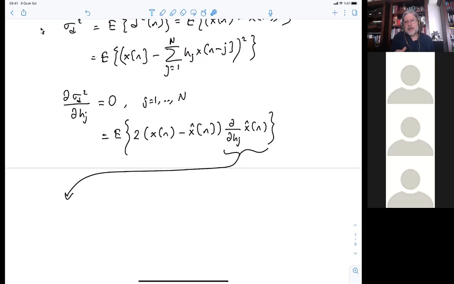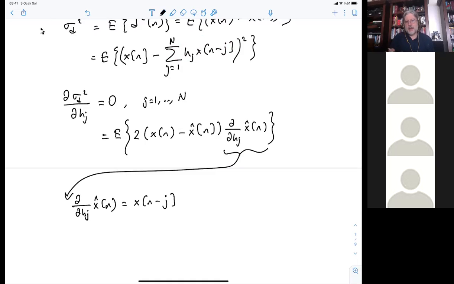For example, let's say it is h3 times xn minus 3. What is the derivative of h3 times xn minus 3 with respect to h3? It is xn minus 3. So for every j, the derivative of this expression is essentially xn minus j.